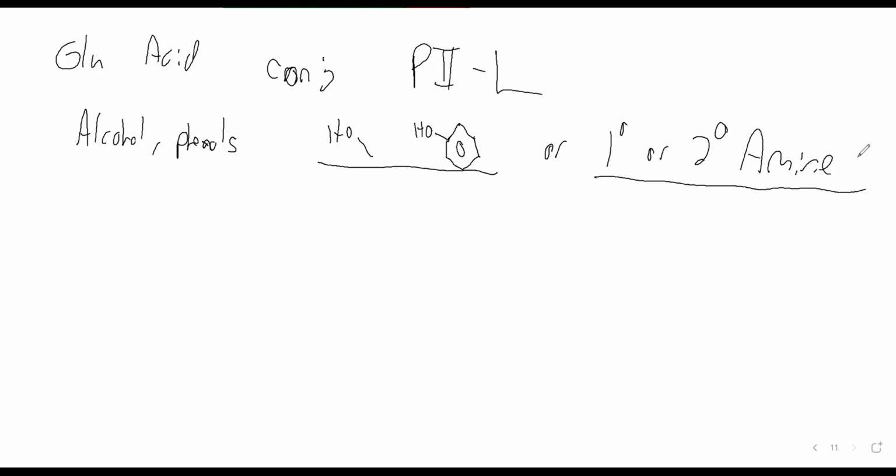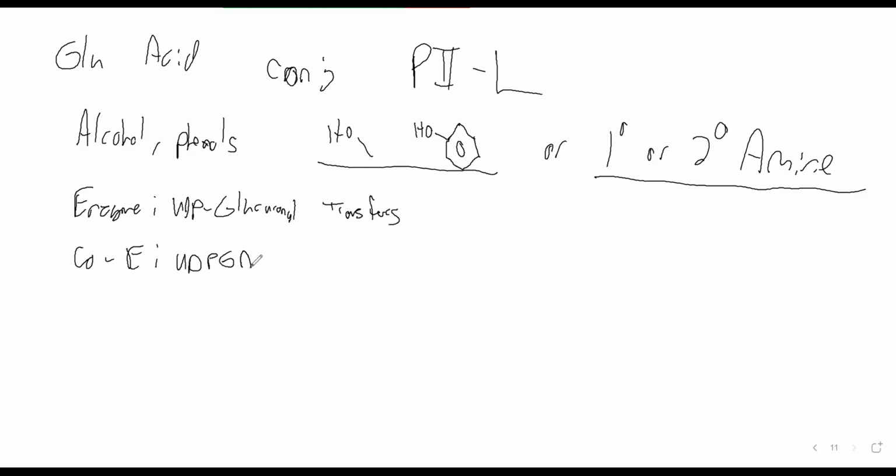But you're going to have to essentially remember you've got an enzyme, UDP glucuronosyltransferase, and your coenzyme, which is UDPGA.